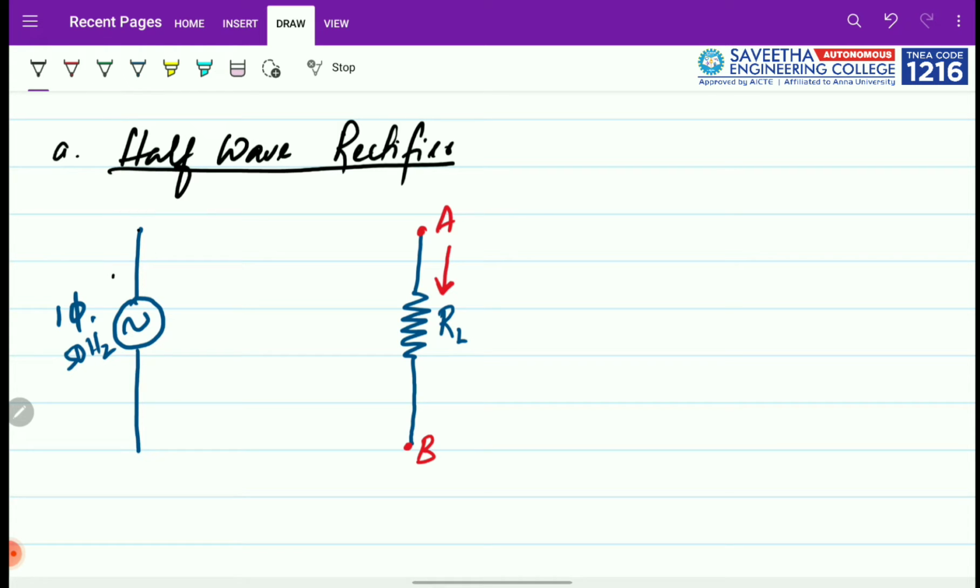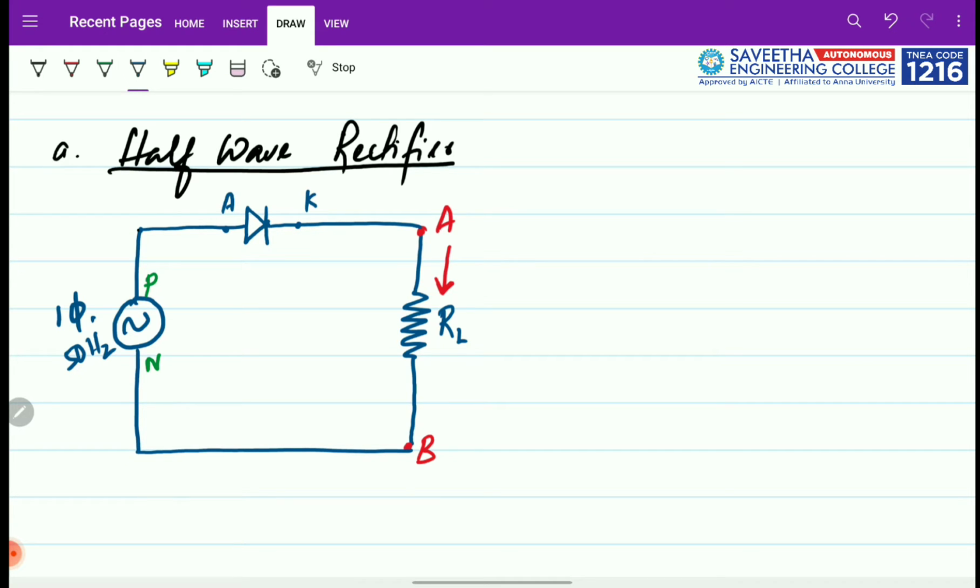I consider this as the higher terminal and this as the lower terminal, the neutral. I put my diode such that the higher terminal is connected to the anode and the lower terminal is connected to the cathode.